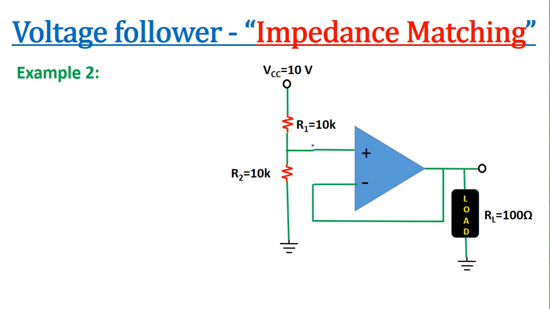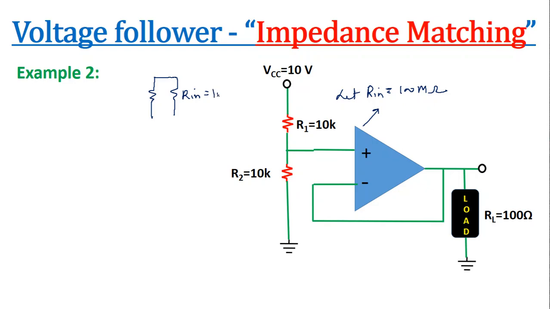Now what happens? In the last example we took the input resistance of this operational amplifier to be infinite. Now let us take this input impedance to be 100 mega ohm. A high value we have taken, that is 100 mega ohm. Now this R2 resistance will come in parallel with this Rin.